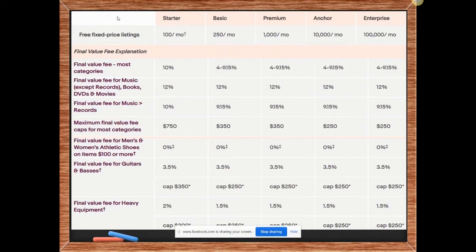That means that for most categories you'll sell in, the most you're going to pay eBay is 9.15% or less, because it ranges from 4 to 9.15%.